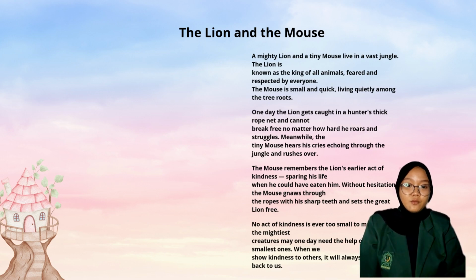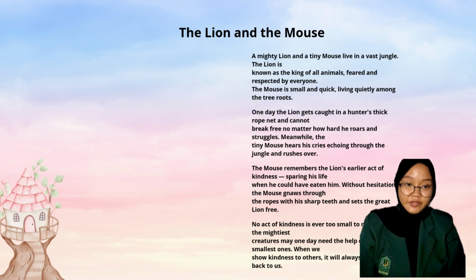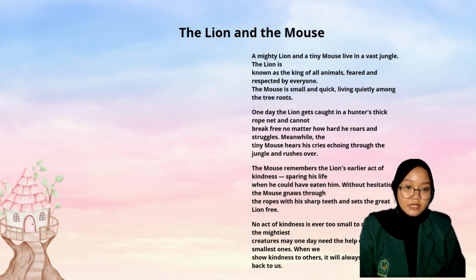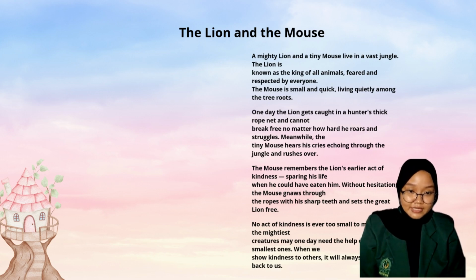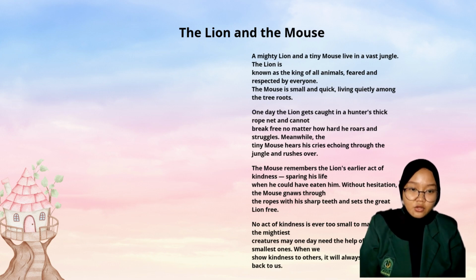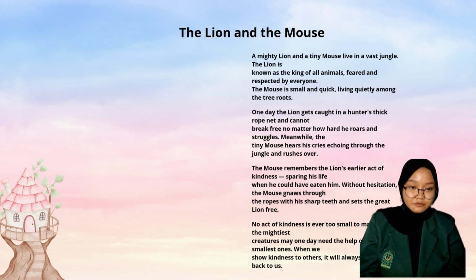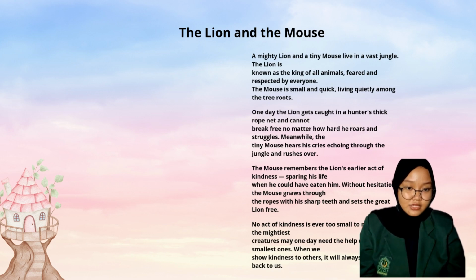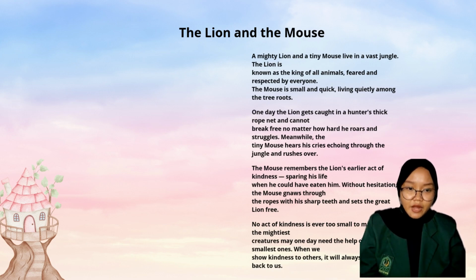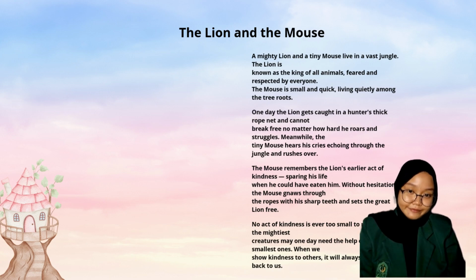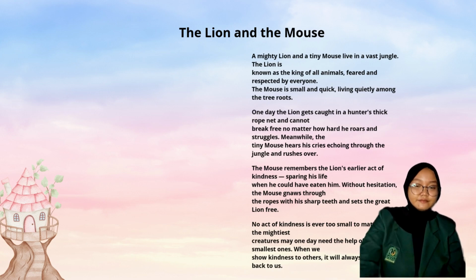Like, one day, the lion gets caught in the hunter's rope net and cannot break free no matter how hard he struggles. Meanwhile, the tiny mouse hears his roars echoing through the jungle and rushes over. Something like that.